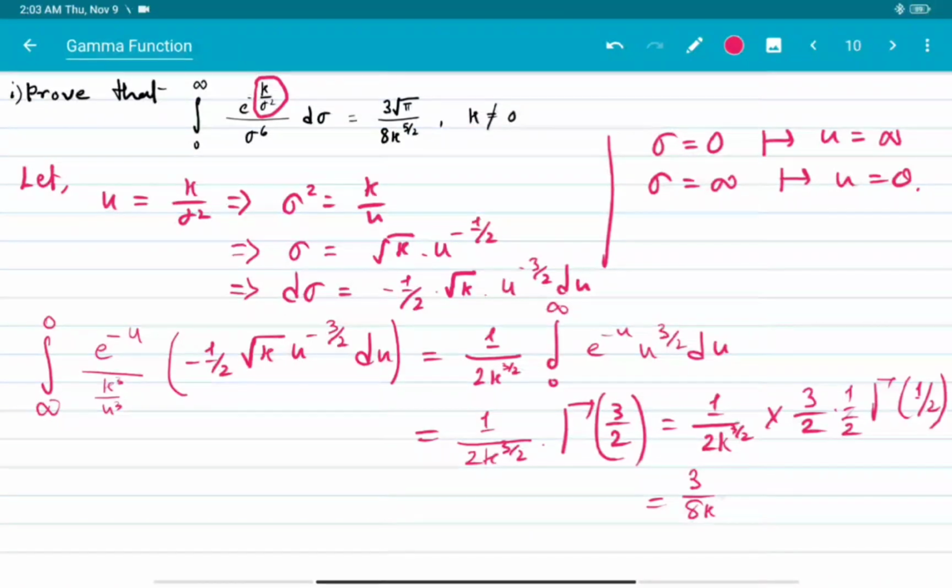I have made a mistake, sorry. This is 5 over 2, and this will also be gamma of 5 over 2.